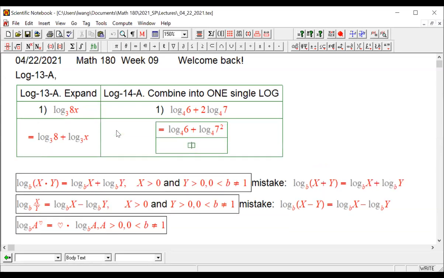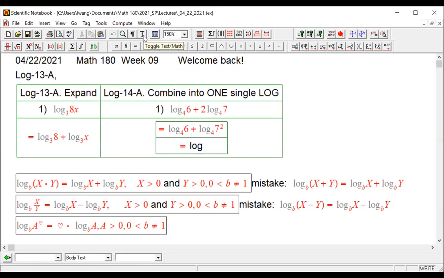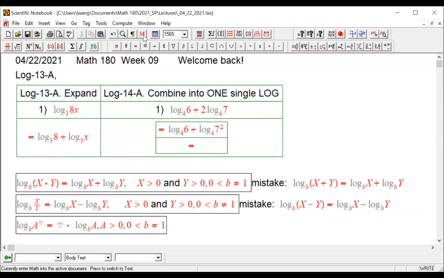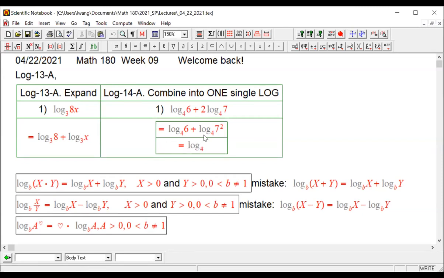And the next step would be, now you can combine that into a single logarithm, which is going to be 6 multiplied by 49.